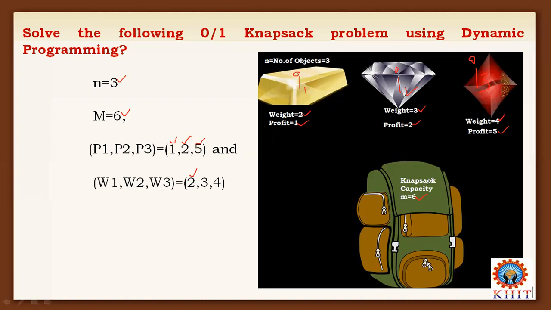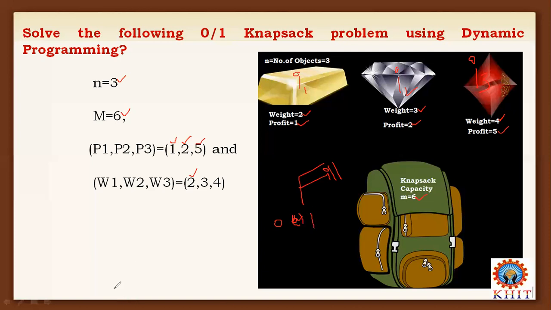And here the problem statement is to fill the knapsack with all possible items like the gold item, silver item, or purple item. Before filling the knapsack with the available items, you need to remember that there is a condition: you can select 0 or 1.